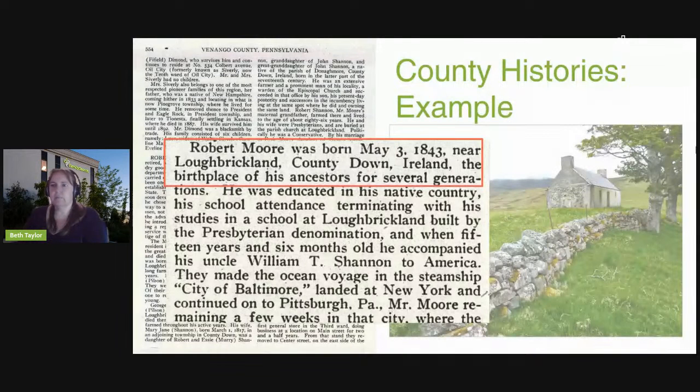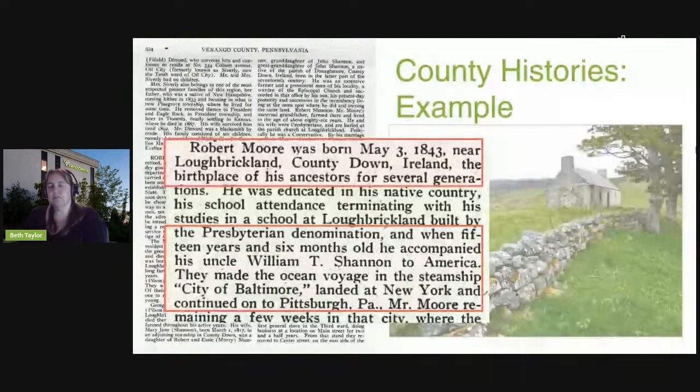So here's an example of this individual named Robert Moore. It says he was born May 3rd, 1843, near Loughbrickland, County Down, Ireland, the birthplace of his ancestors for several generations. And then it gives us clues about his actual immigration as well.